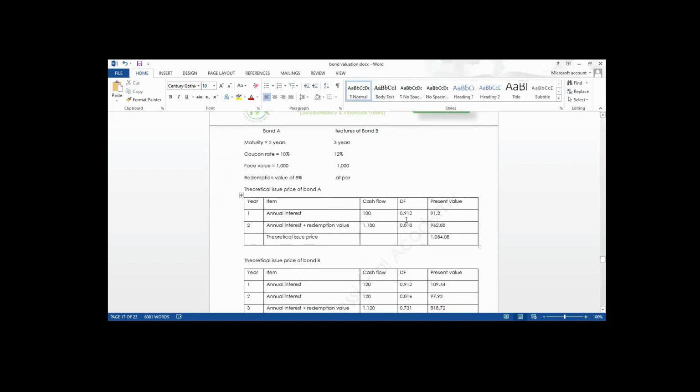Step 1, first calculate the yield to maturity of the bond. Step 2, use the yield to maturity to discount the expected future cash flows from the bond.